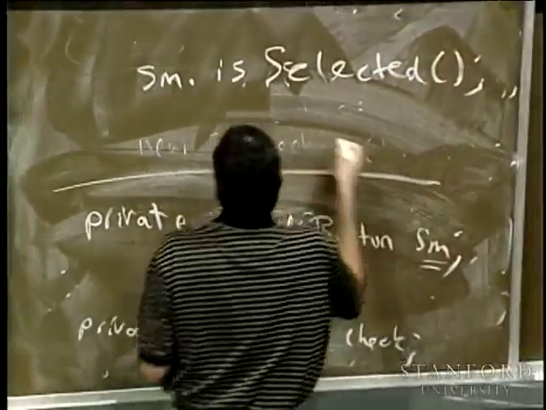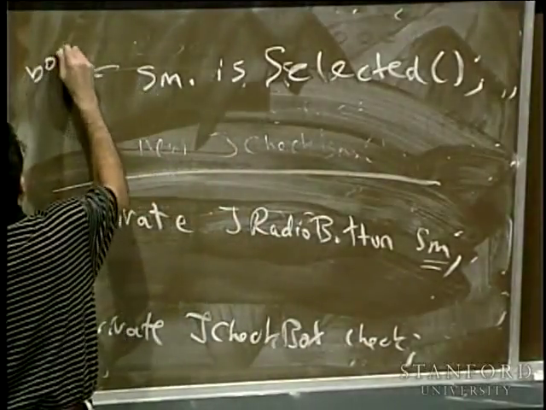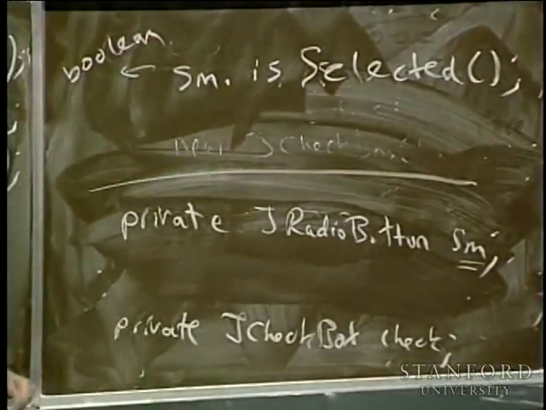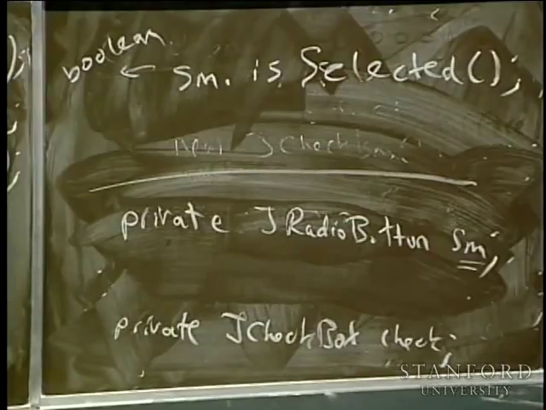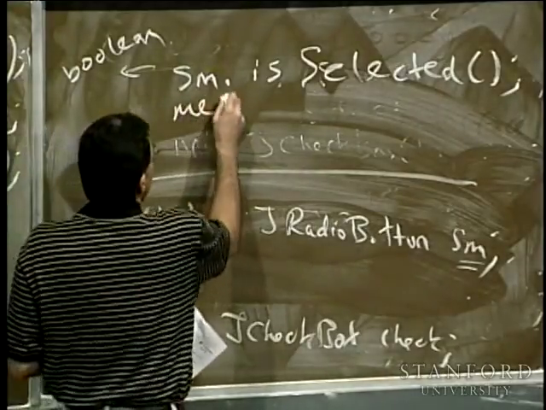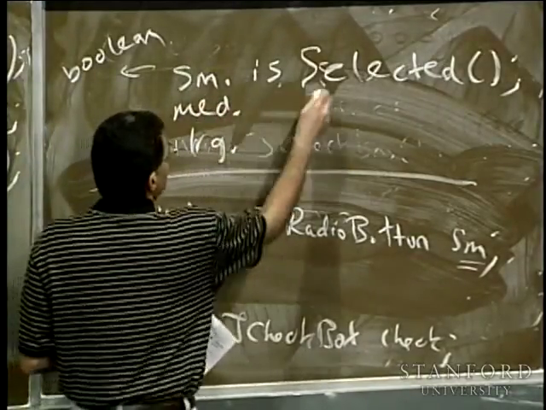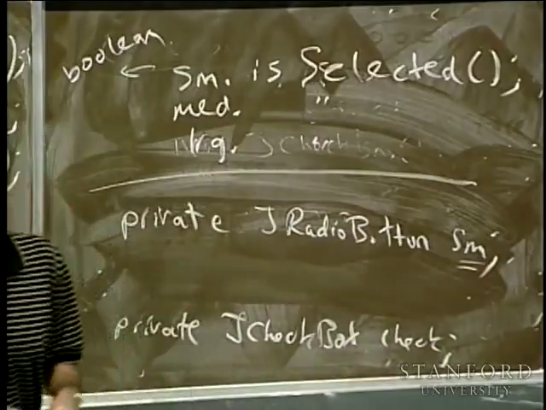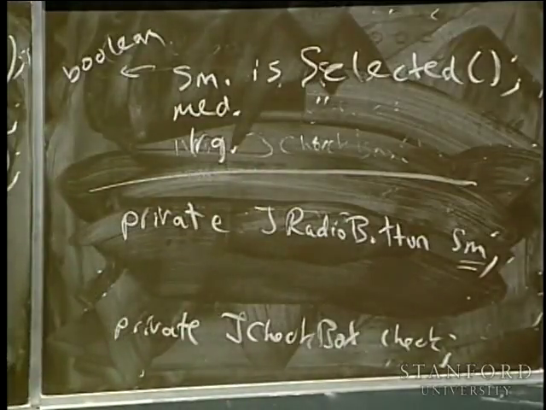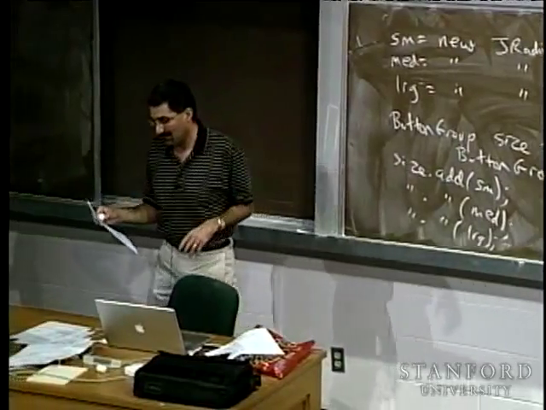And this gives me back a Boolean, which tells me out of that group of radio buttons, is small the selected one, right? So if small is the selected one, the other two are probably going to be false. But I can check for all three, like I can say medium is selected and large is selected, same kind of thing. Anywhere in my program, it will just give me back the appropriate state of whichever radio button is selected at that given time.